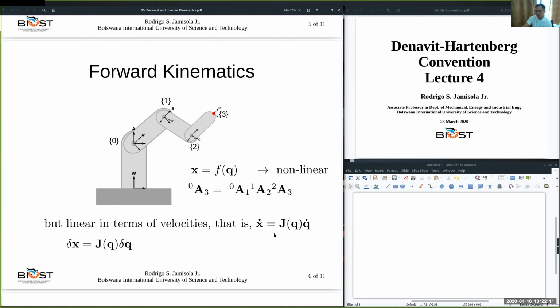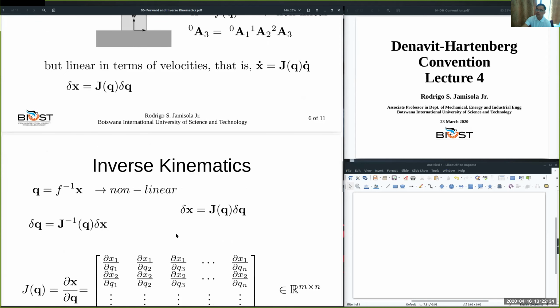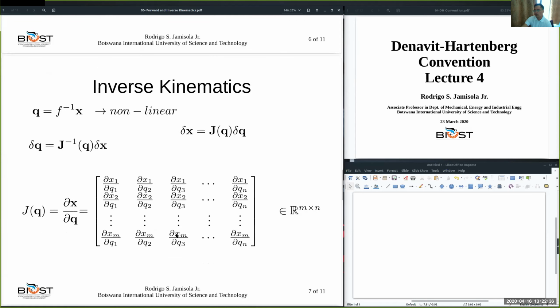So it could be treated as the incremental change of q multiplied by the Jacobian matrix J of q, resulting in an incremental movement of the hand position and orientation. Okay, that's another way of expressing the linearity between the joint space and the world space.